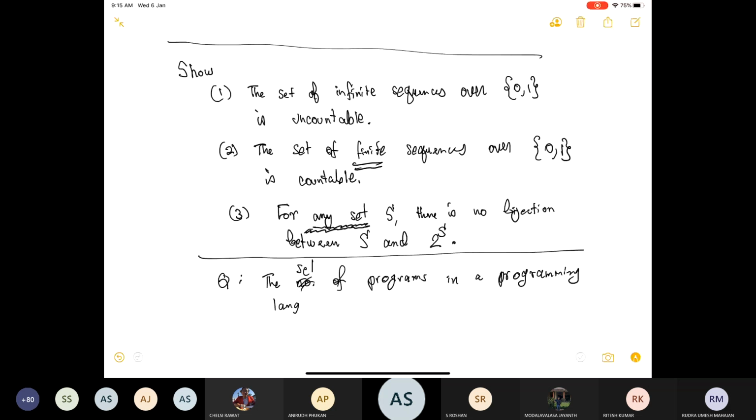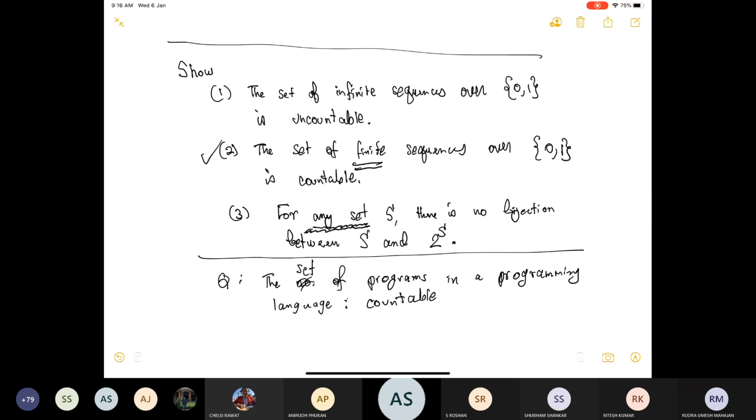Is it countable or is it uncountable? I think it's countable because it's like a set of finite sequences. Yeah, because you can think of every program being a sequence of ASCII characters.